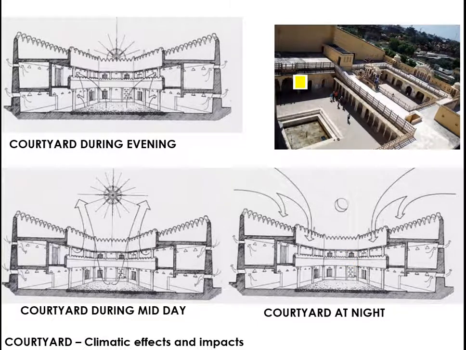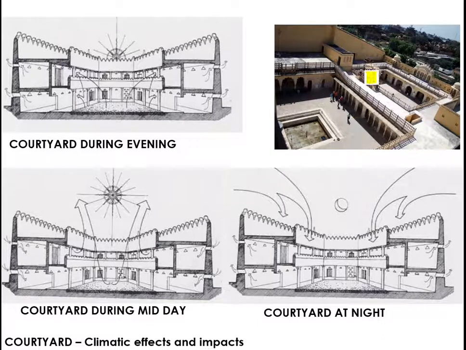If you see the buildings designed by the Mughals, and a lot of the palaces which were there earlier, they were designed with fountains. You can see a fountain here which creates evaporative cooling. The fountain is always on during the daytime, which creates a lot of humidity, and because of that there is evaporative cooling around the building and a lot of air movement around it.